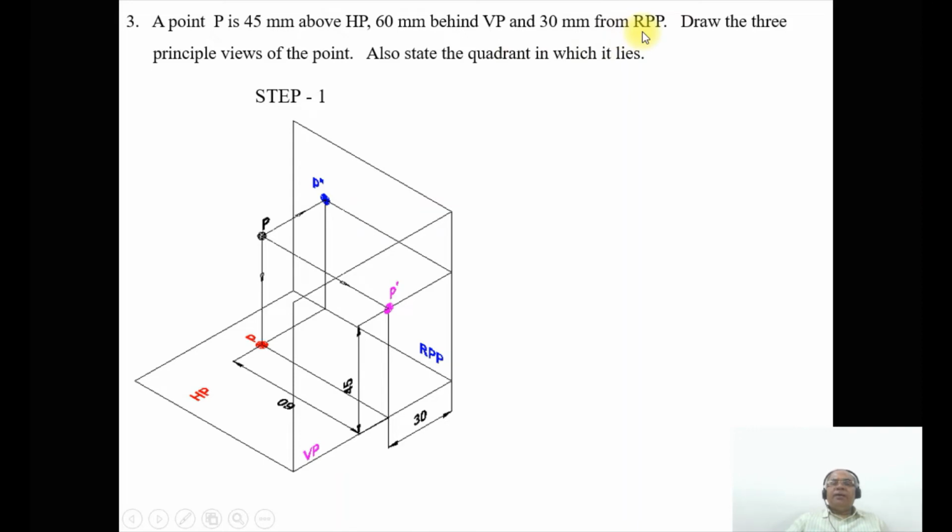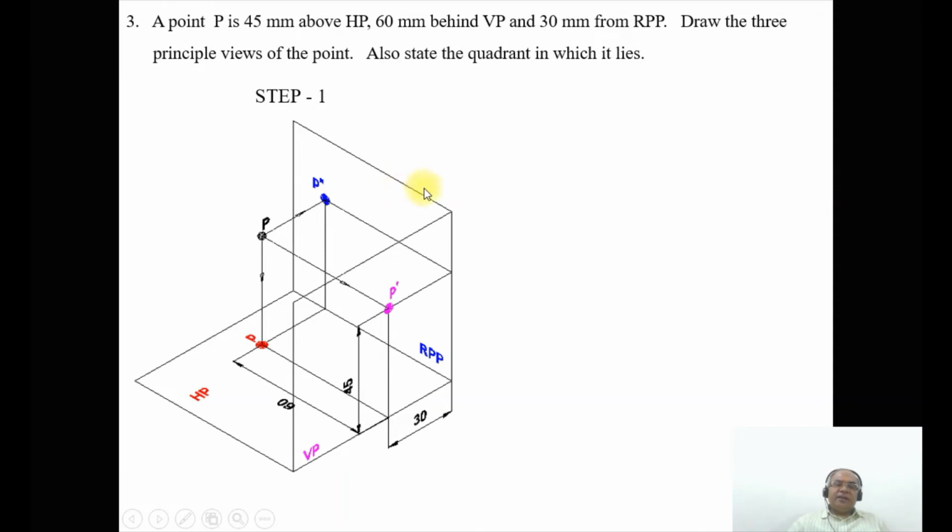So behind RPP means that it is the right side view. So the left side view will not satisfy the condition of the front view. Obviously, that will not be considered. On all the corresponding images, you can see that when you look from the right side view, you are going to get the image on the right profile plane, which will be P double dash.